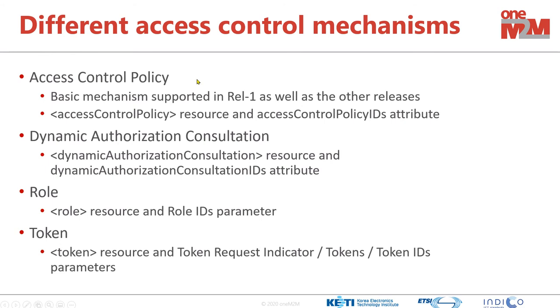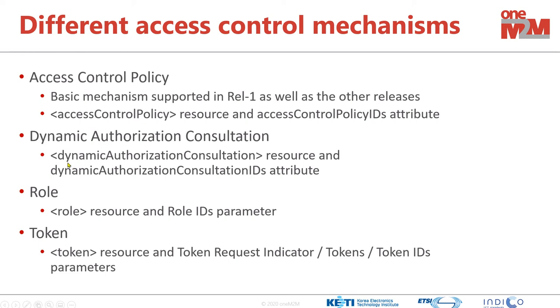There are different mechanisms defined in the oneM2M specification, and for more details you can refer to TS3, which is the security solutions. The first one is the topic for this session with the practices, and we will be looking at it soon.